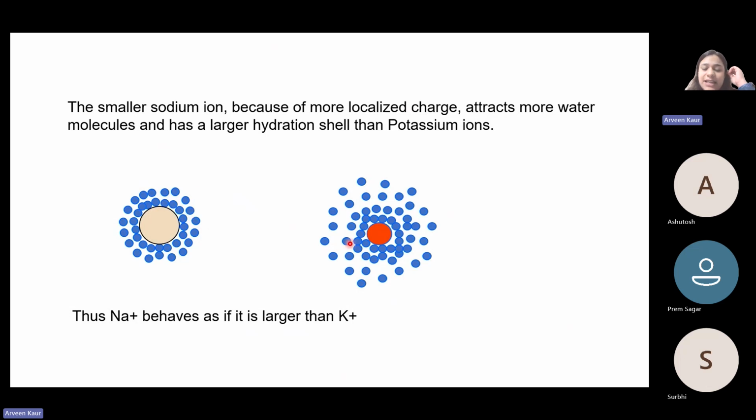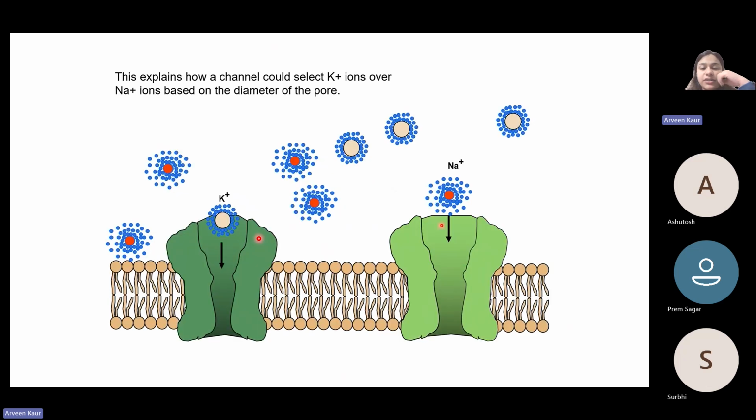Thus, Na behaves as if it is larger than potassium, right? So now that logic will work, right? So this explains how a channel could select potassium ions over sodium ions based on the diameter of the pore, right? So because this has a lower diameter, it can pass, but sodium will have a larger diameter, so it will get stuck. It will not be able to pass, right?